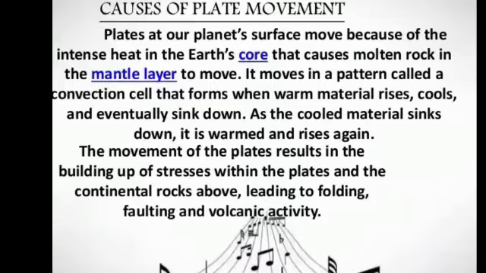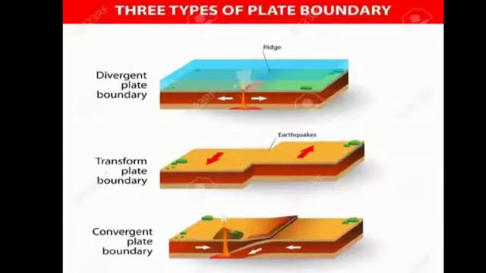Broadly, these plate movements are classified into 3 types. While some plates come towards each other and form a convergent boundary, some plates move away from each other and form a divergent boundary.